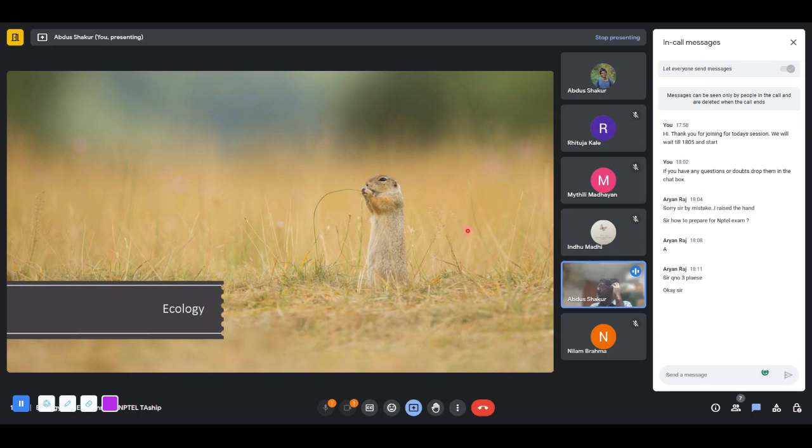So yeah, since this week the module is about ecology, I thought of discussing some of those concepts that were touched upon briefly in the class sessions.